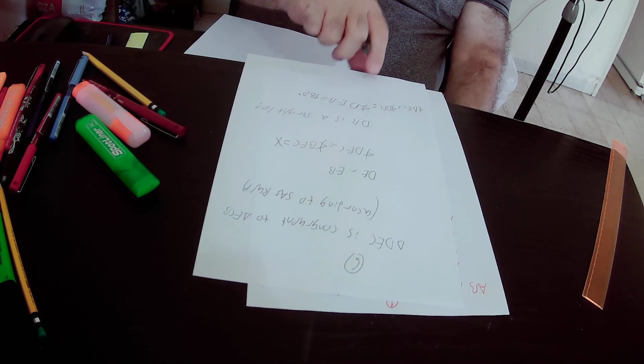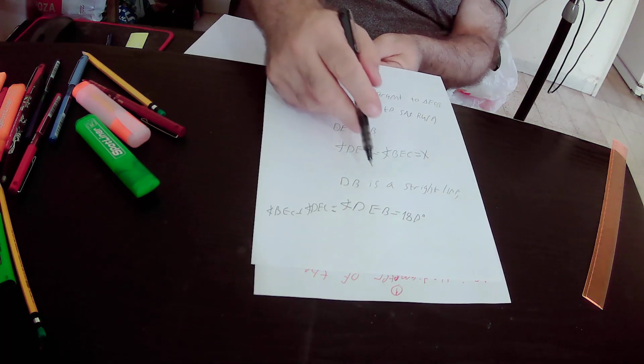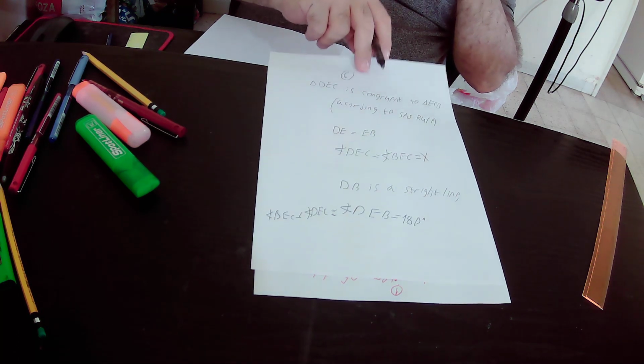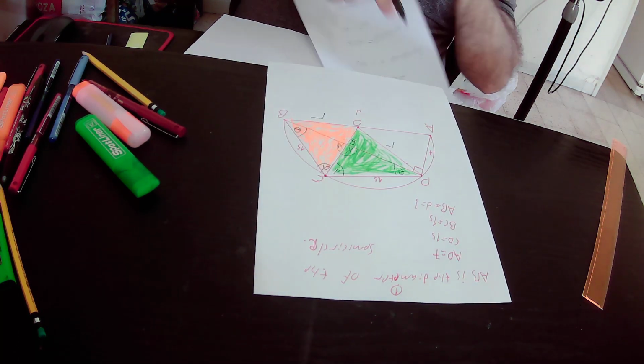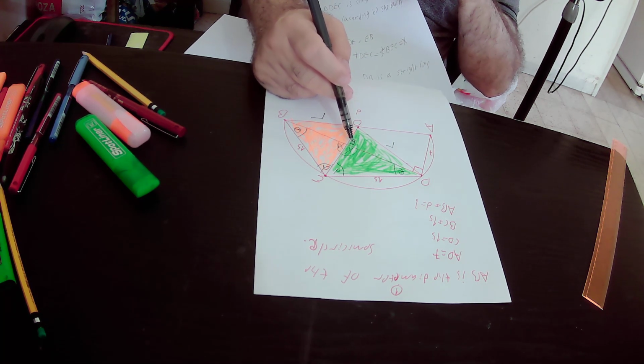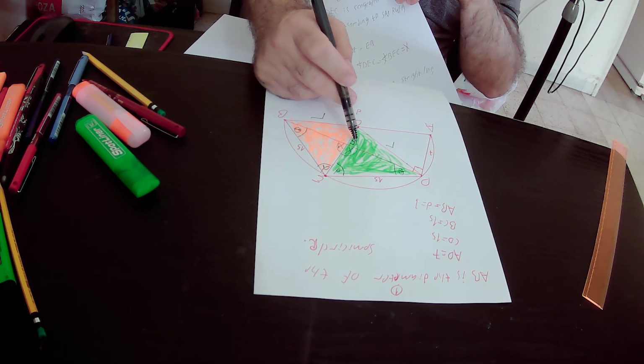Okay, so we found out that angle DEB equals 180 degrees because it is located on the straight line DB, and the sum of the angles at a certain point on the upper side of a straight line equals 180 degrees.